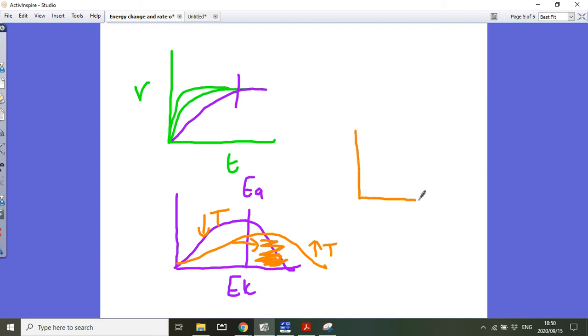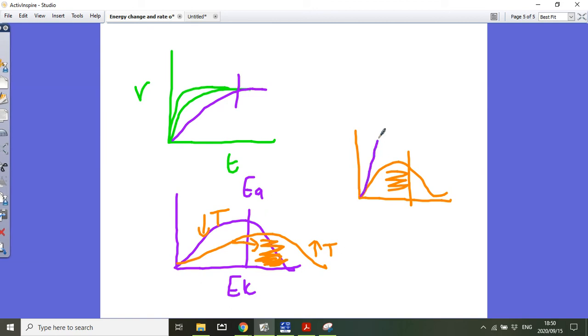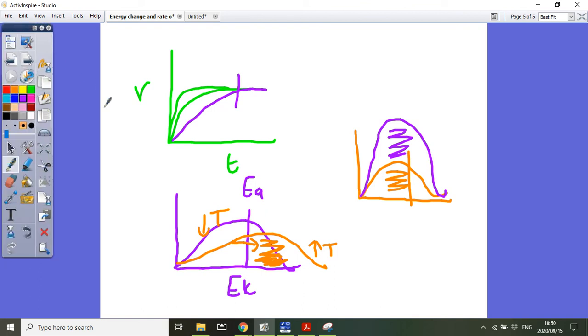If we increase the concentration, this is my number of particles, my activation energy stays the same, and the energy of my particles stays the same. The only thing that's going to happen is that I'm going to have more particles. So these particles were added to the situation. Surface area, you can't really show, or they won't ask that for a Maxwell-Boltzmann. And I think that is it.